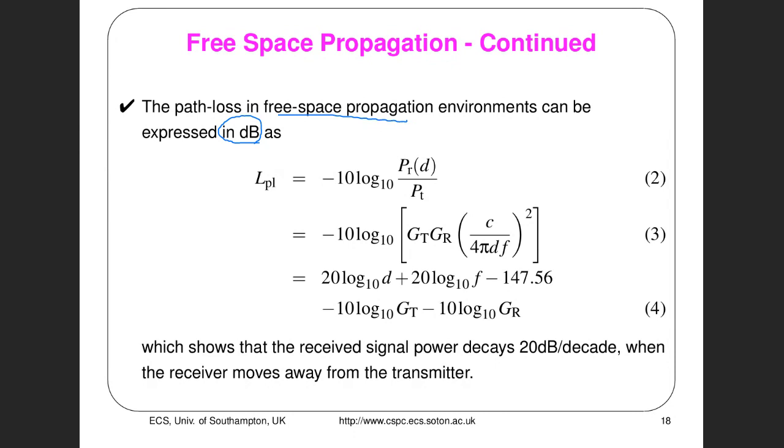It's because when we calculate the equation of path loss, there are multiplications and divisions. They all become additions and subtractions in the log domain, right?